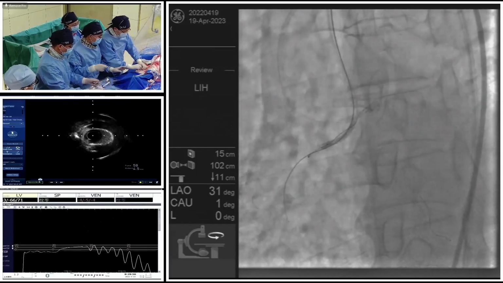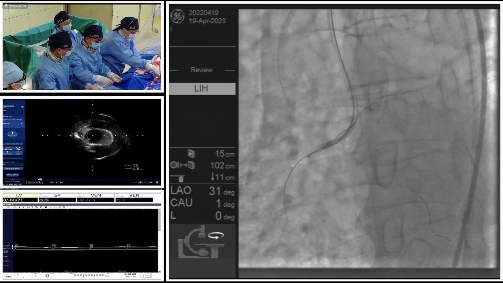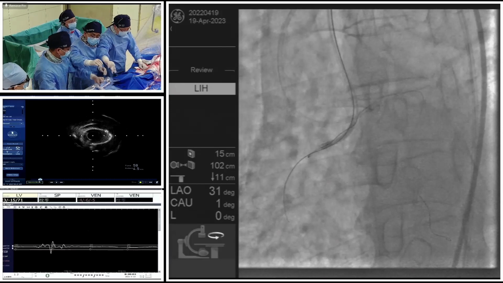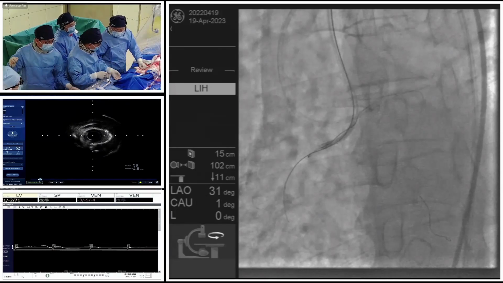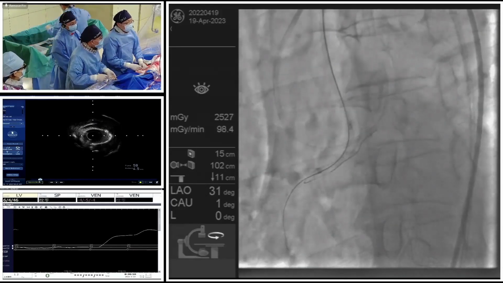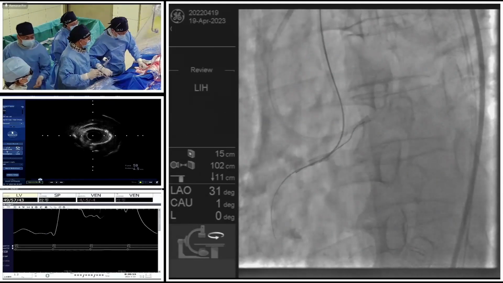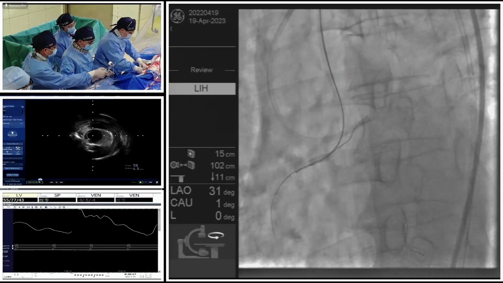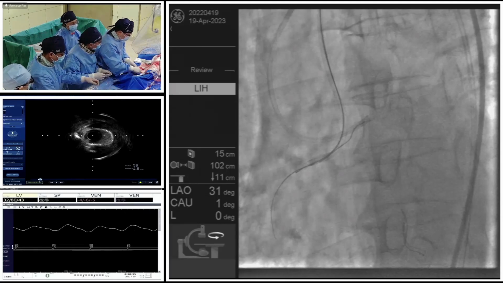We can see the 3D reconstruction imaging could help us better understand the vessel and the CTO lesion, and the plaque distribution, and help us make the optimal strategy.